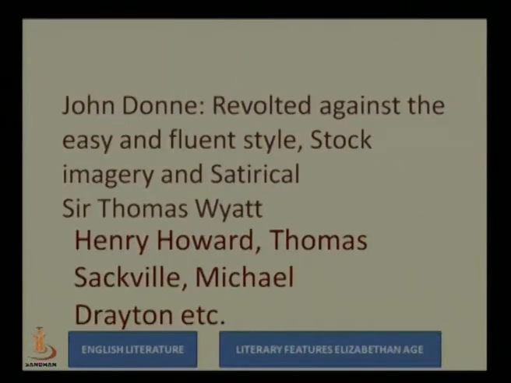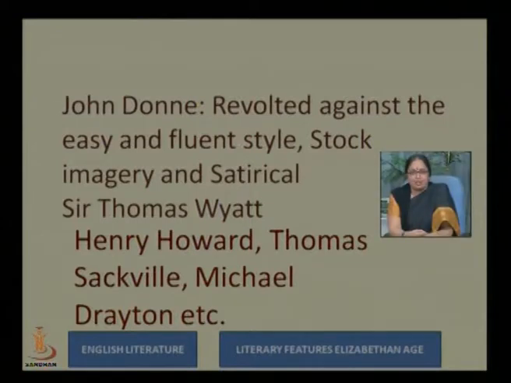You will also find that amidst this lyrical quality, there was also a revolt against this easy and fluent style of writing. These kinds of poems were very freely written, easily written. It had a very fluent style. It used simple language because people could easily understand them.